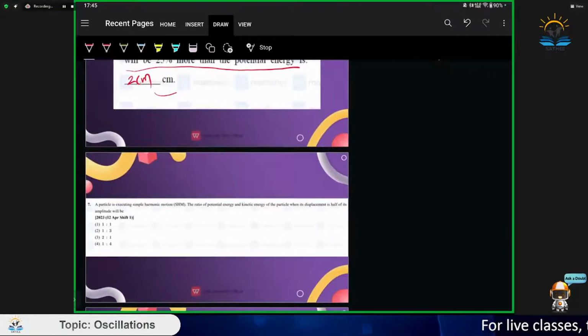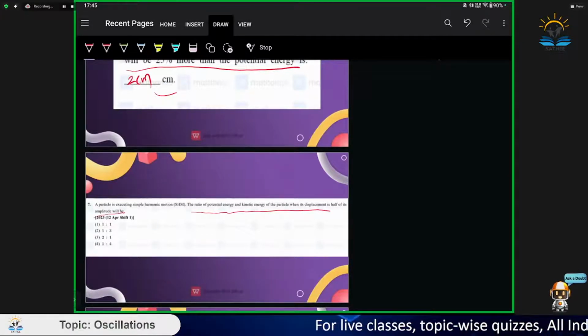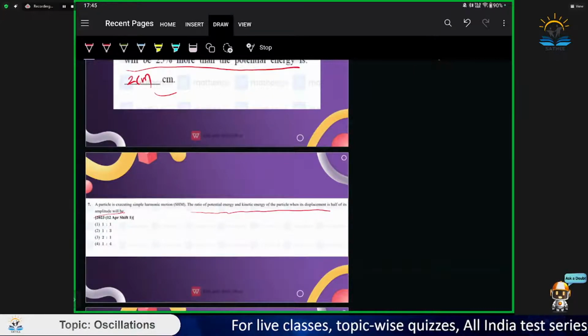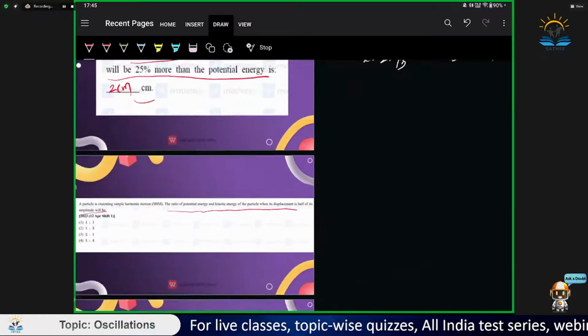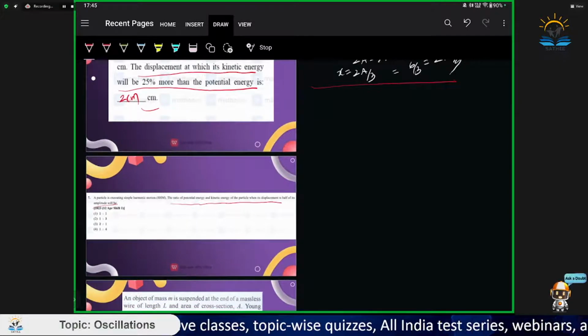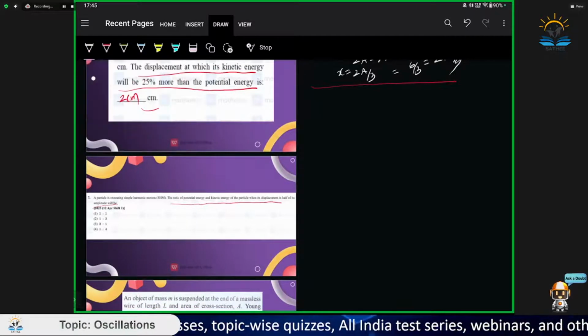Next, a particle is executing simple harmonic motion. The ratio of potential energy and kinetic energy of the particle when the displacement is half of its amplitude. We have already solved that ratio of potential energy and kinetic energy. Again, see, ratio of potential energy to kinetic energy.